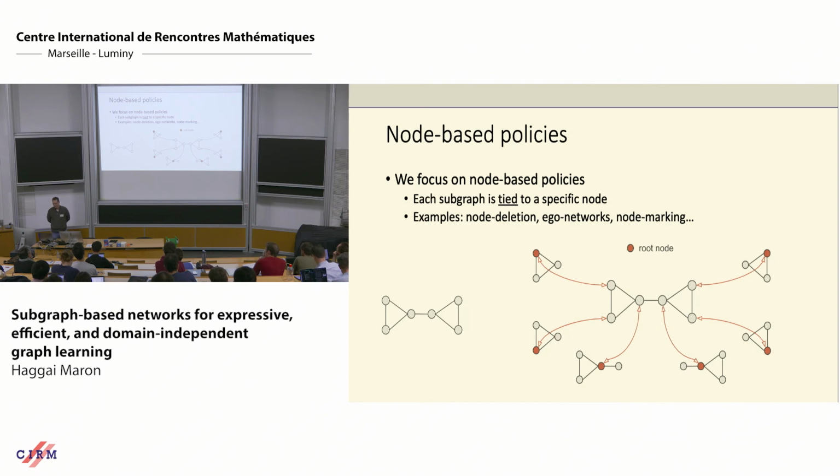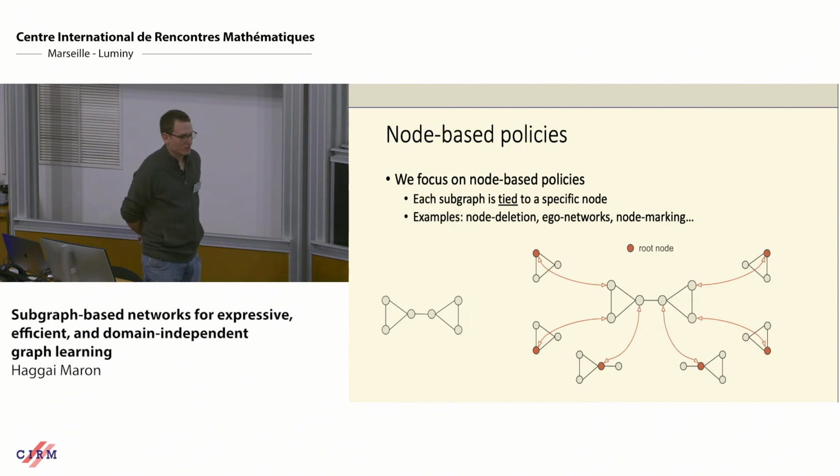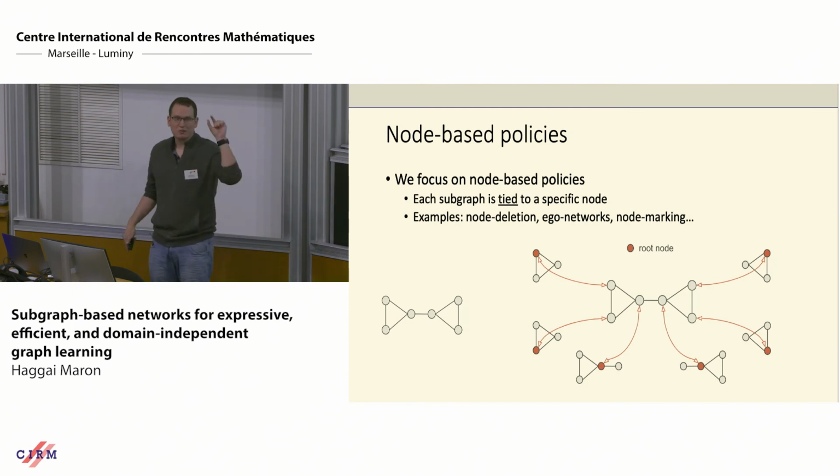And another thing that we focused on is the so-called node-based policies. So what are node-based policies? Those are policies in which each subgraph is related to a specific node in the graph. So in node deletion, it's pretty obvious, right?